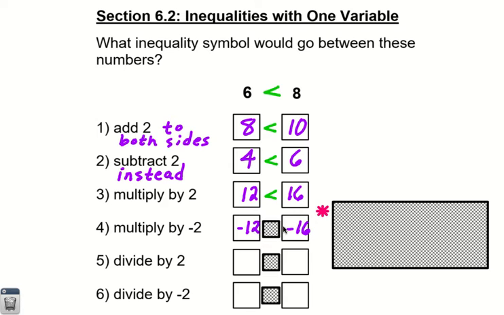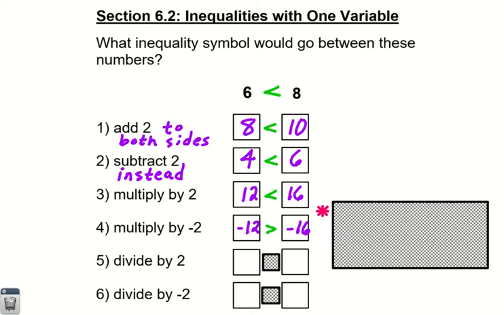Is negative 12 less than negative 16? Especially when you think of a number line, negative 12 is not less. Negative 16 is the one that's less because it's more negative. So the symbol that actually goes in between is a greater than. Negative 12 is greater than negative 16. So, that was a change.